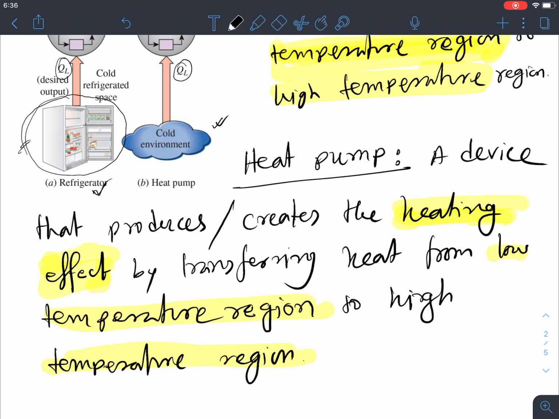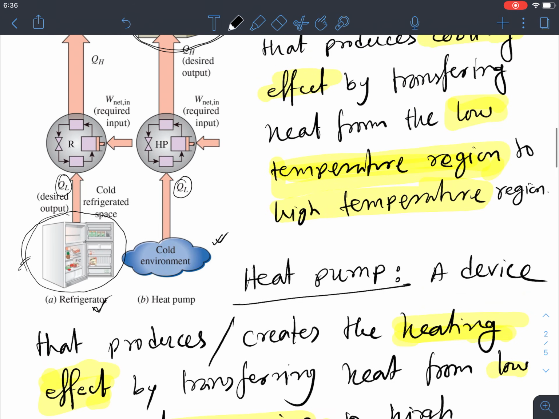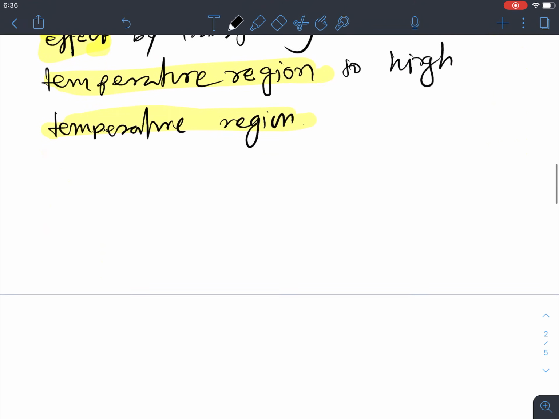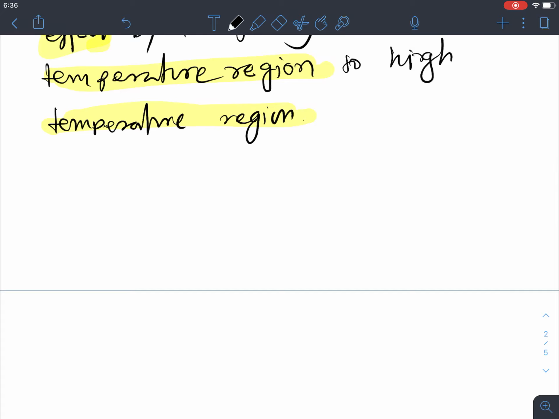So let's take a look at how we can define the effectiveness or efficiency or performance of these devices. In the previous chapters, when we discussed thermodynamic cycles, for example gas power cycle or vapor power cycle, we talked about the efficiency. However, in the refrigeration cycle, we are no longer using the efficiency.